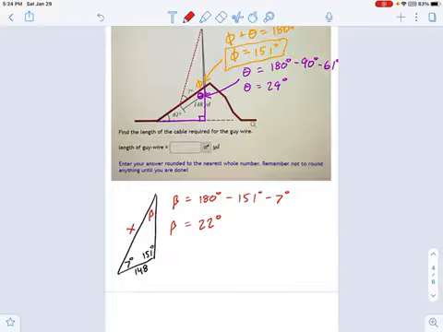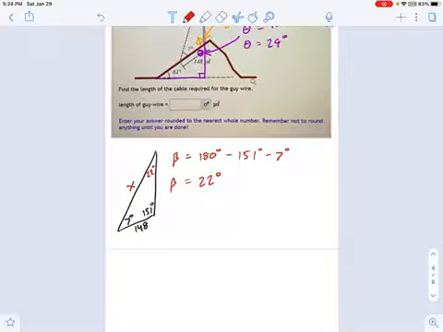I'm not using the same letters that I normally do with the A's, B's, and C's, and that might be a little confusing at first, but just think of it in terms of sides and angles. Okay, if I rewrite the law of sines, for this case, I'm going to want sides on top.